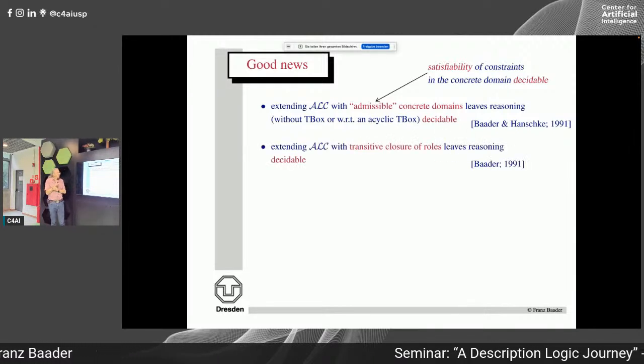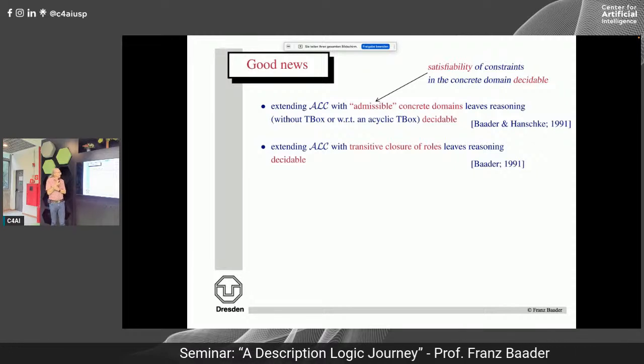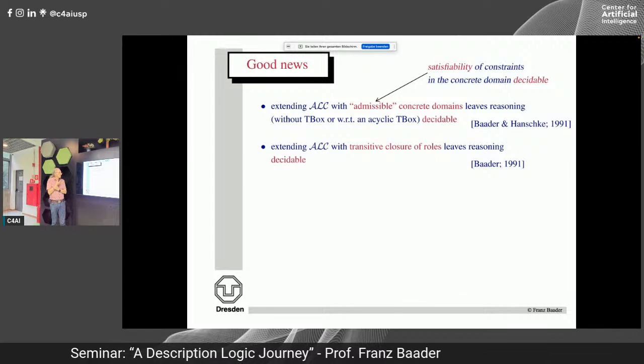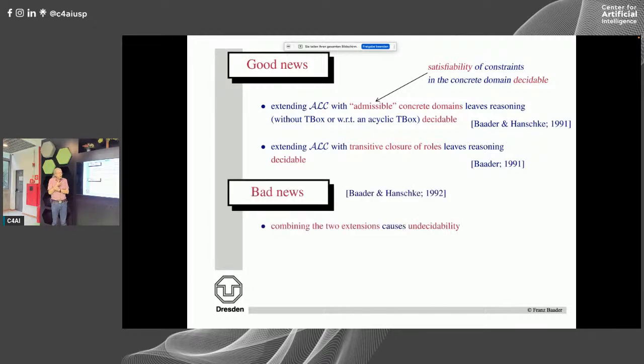And I could also show, in the same year, published at the same conference, that extending ALC with transitive closure of roles also leaves reasoning decidable. So nice, but bad news: combining both extensions actually causes undecidability.